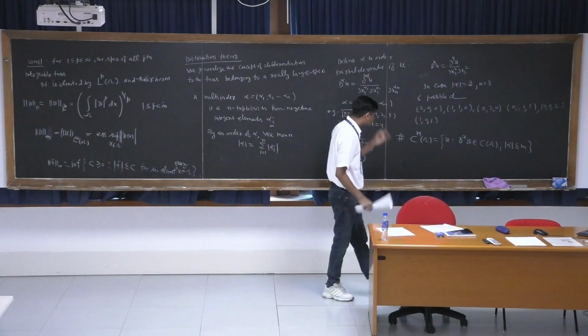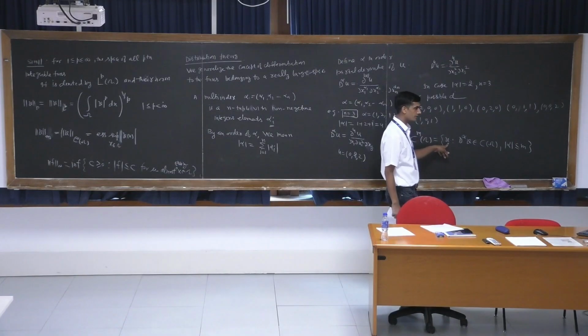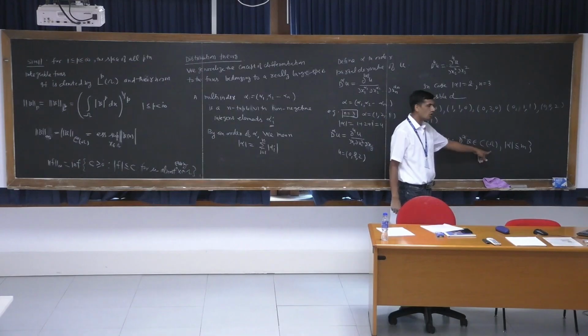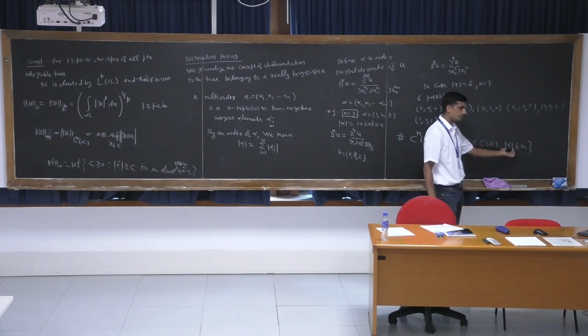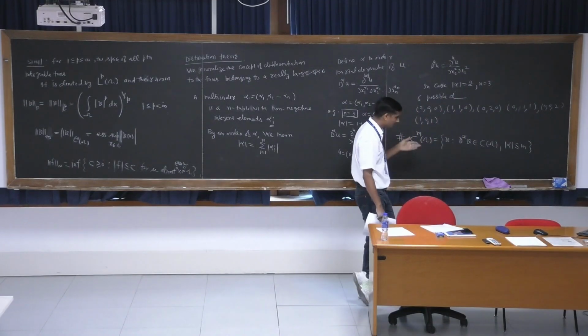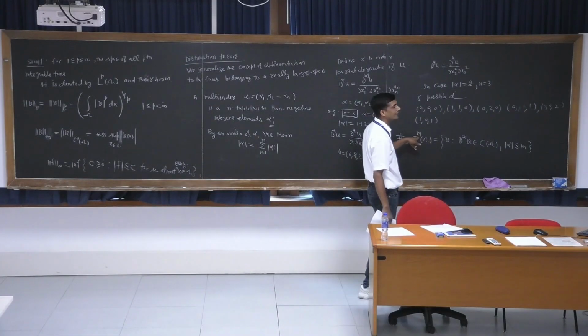This is important. This means continuous and differentiable functions m times. Here, those functions whose alpha derivative is also continuous, with mode of alpha less than or equal to m.